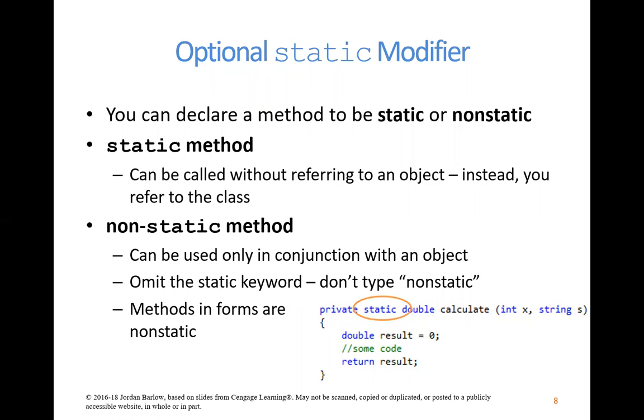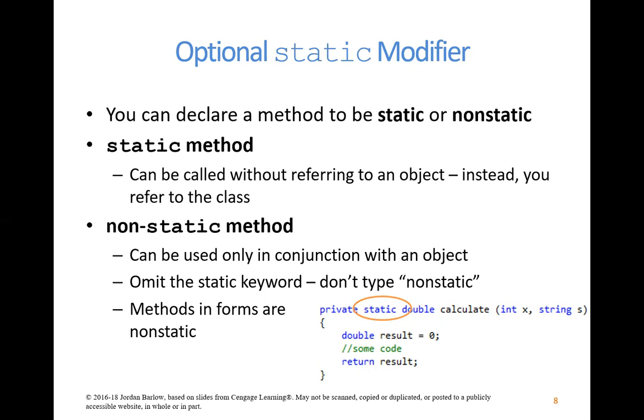Non-static methods can only be used in conjunction with an object. Non-static is not a keyword. You just don't put the keyword static in if the method that you are building is non-static. Methods within GUI forms are always non-static because those are associated with the form object that we have created.